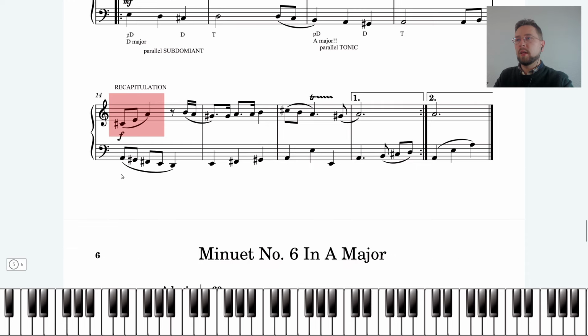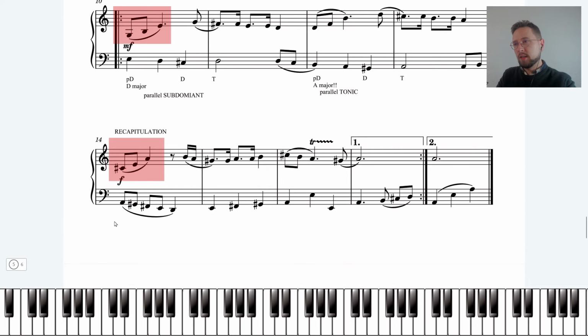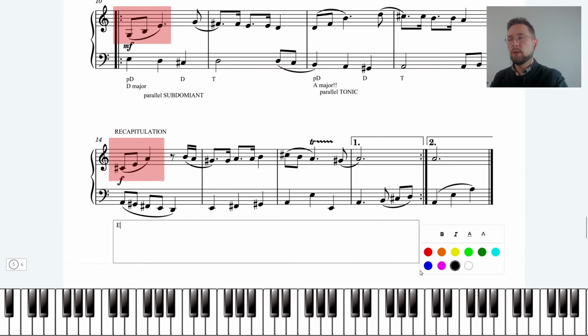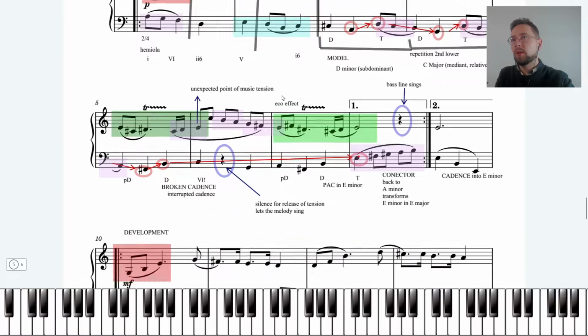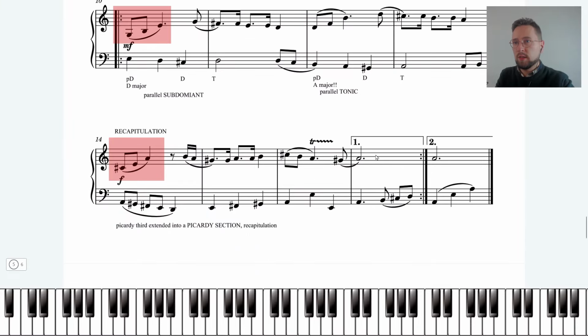We end on A major. So this is kind of an extended version of what we can call a Picardy third, extended into a Picardy section or a recapitulation. And with this change of mode, we can see how well the similar material, it's not the same, it's different, works in different keys.